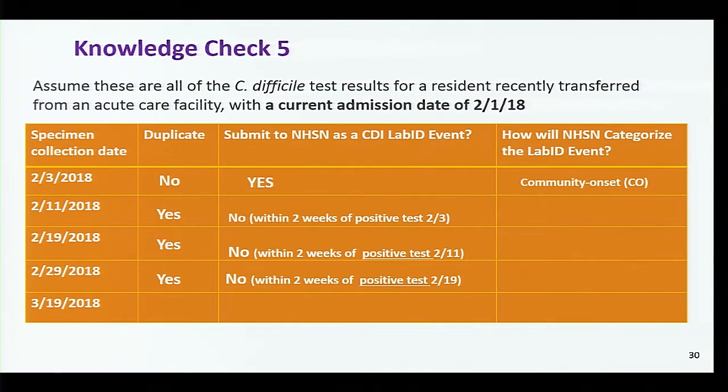Is this a duplicate? And should you report this? And how will this be categorized by NHSN? Long-term care facility onset. And it is not considered acute care transfer because it's been more than 4 weeks since the last transfer. Okay, good job.